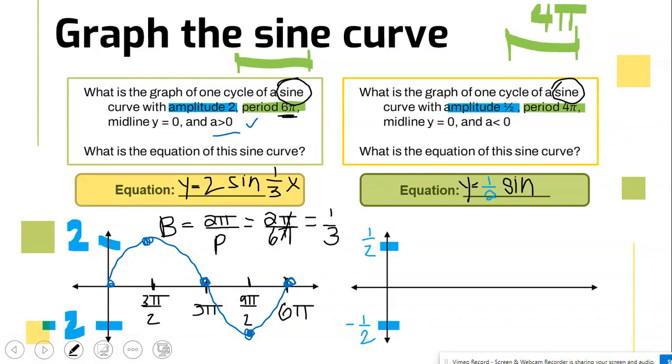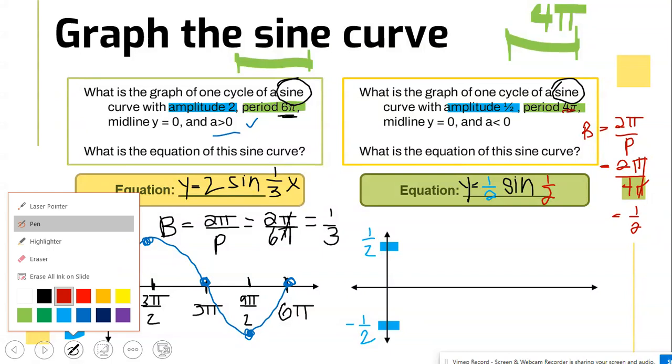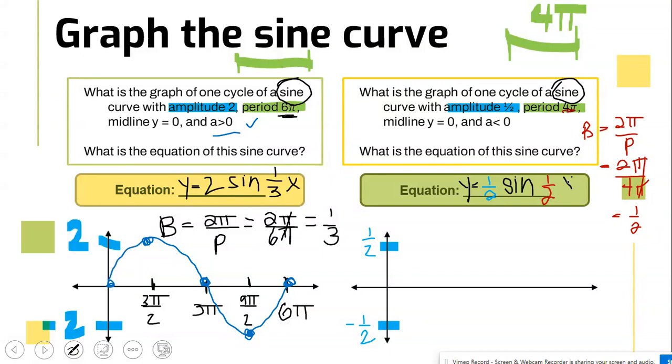So we're going to need to find b. Again, b is equal to 2 pi over p. Our period we just said was 4 pi, so that's 2 pi over 4 pi. Pi's cancel. 2 over 4 reduces to 1/2. So we're going to have 1/2 in there. We're also going to have our variable x.